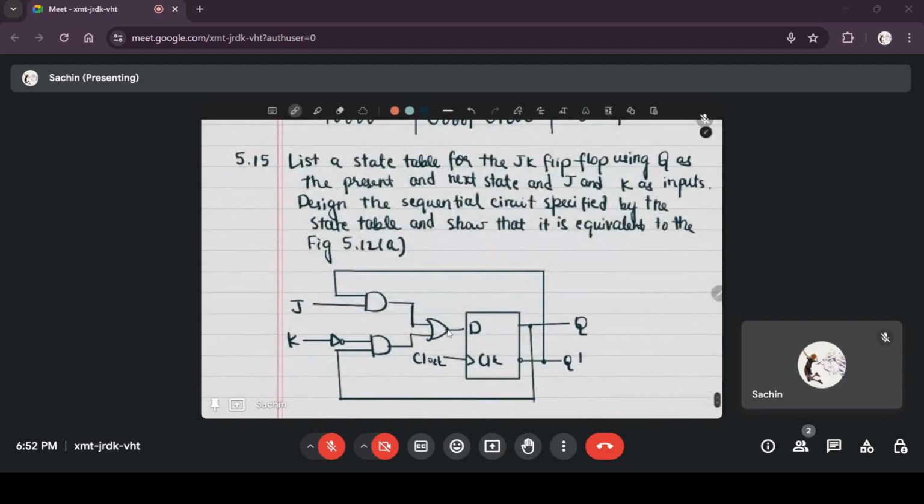So after a clock pulse, the D flip flop gives out whatever is there at the input as the output. So Q of t plus 1 will be D of T, which is J Q bar of T plus K bar Q of T.